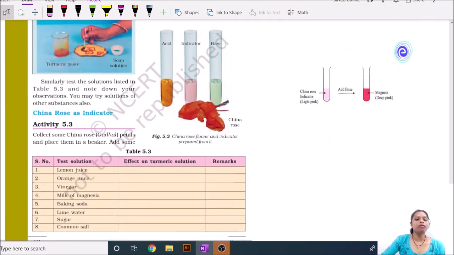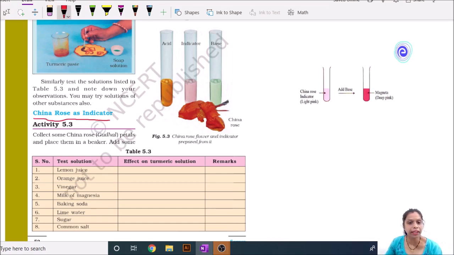Now two types of indicators we have seen here. Now the third type of indicator, naturally found and present in our everyday life, is the China rose indicator. Okay, how we make a China rose indicator we will study here.